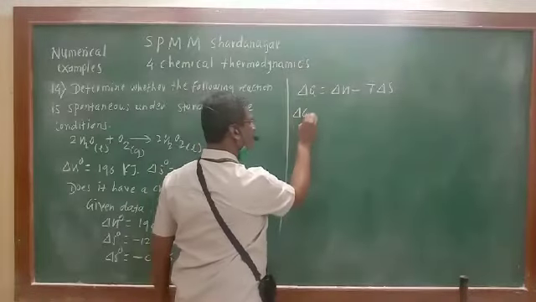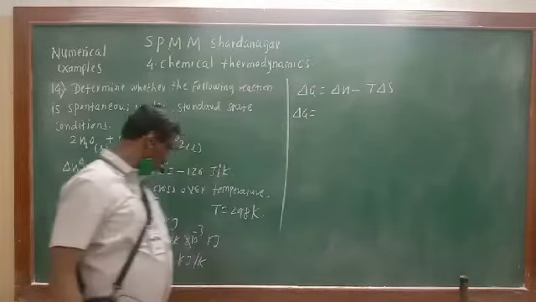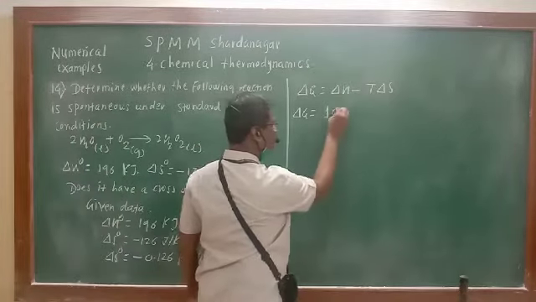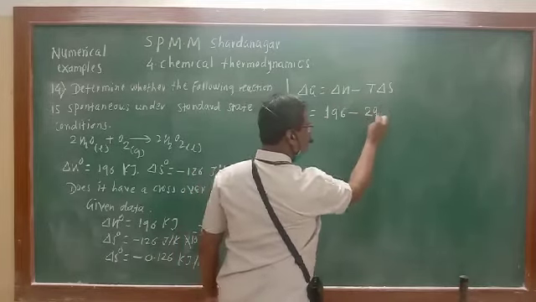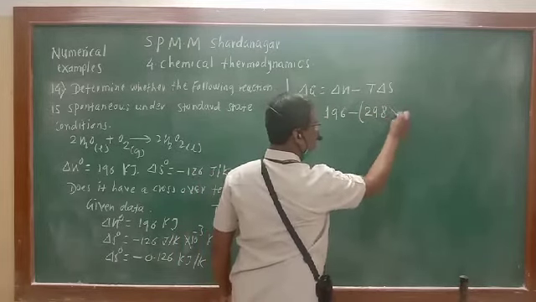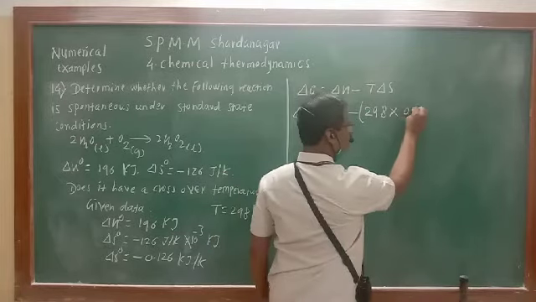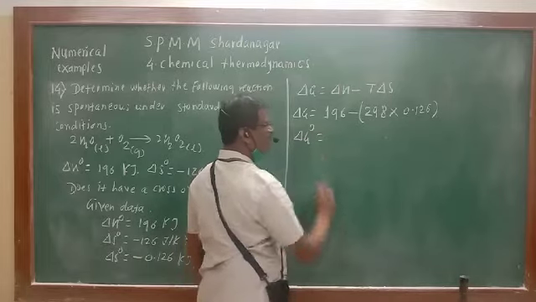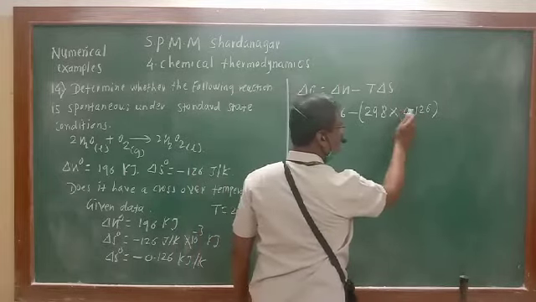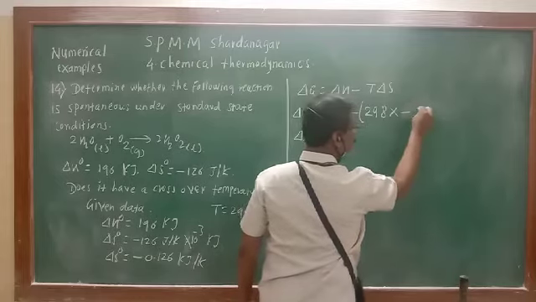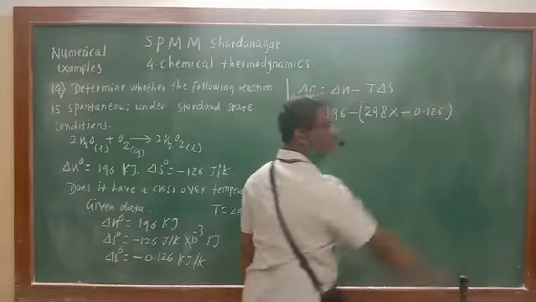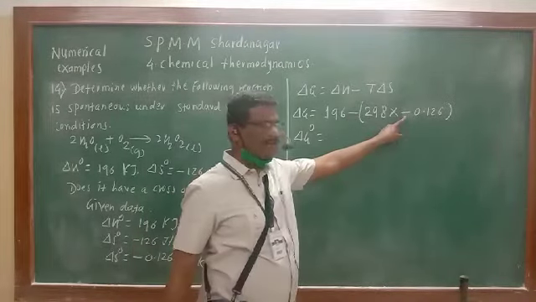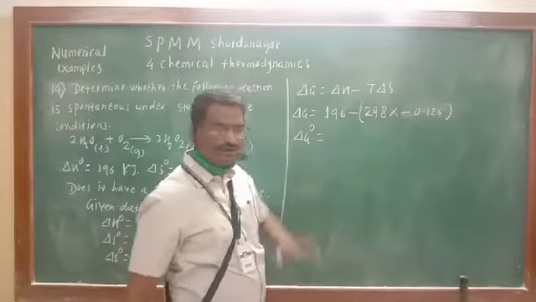So delta G naught is equal to delta H, 196 kilojoule, minus temperature 298 Kelvin, multiplied by delta S naught, which is minus 0.126 kilojoule per degree Kelvin. This is minus, this is also minus, so minus minus becomes plus.